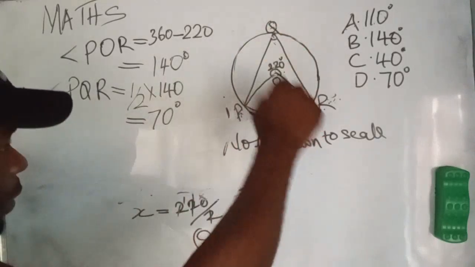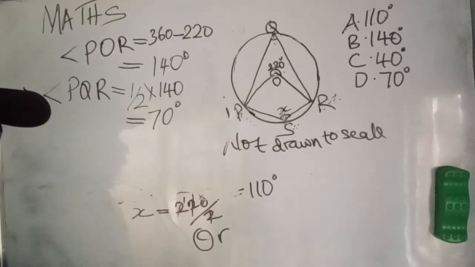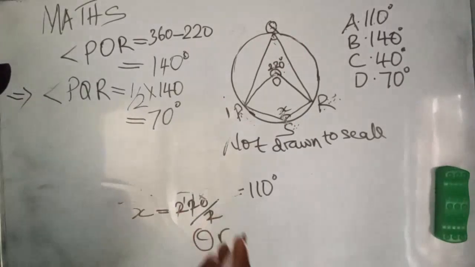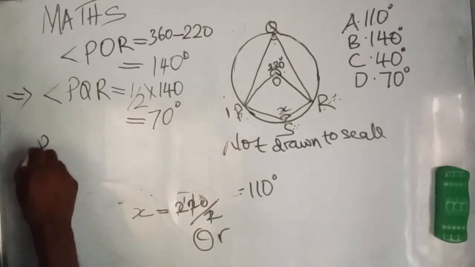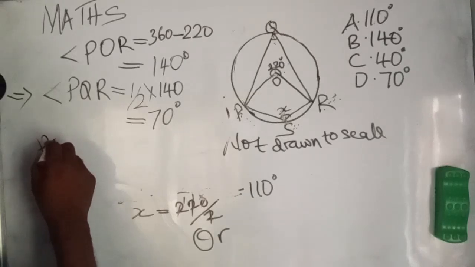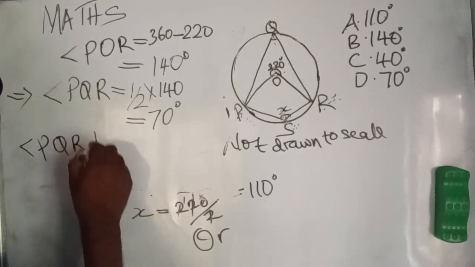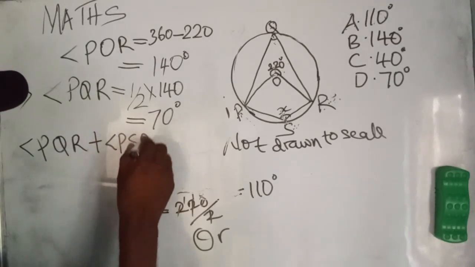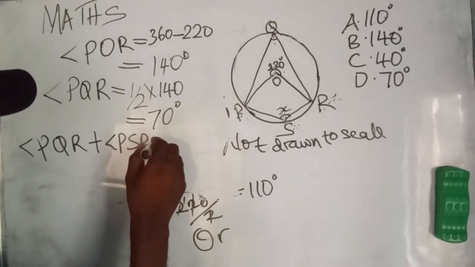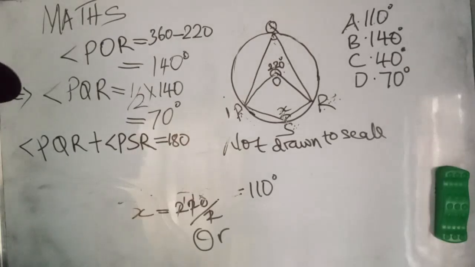You see how they are facing each other. Their sum, their addition, will give us 180 degrees. So angle PQR plus angle PSR, which is X, is equal to 180 degrees.